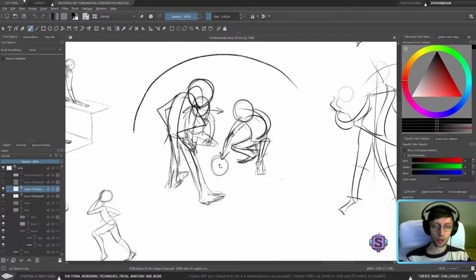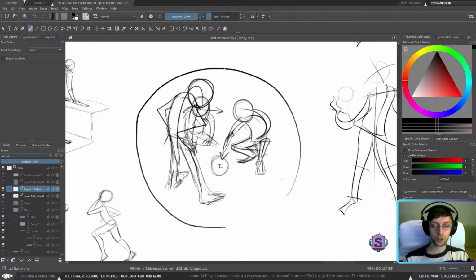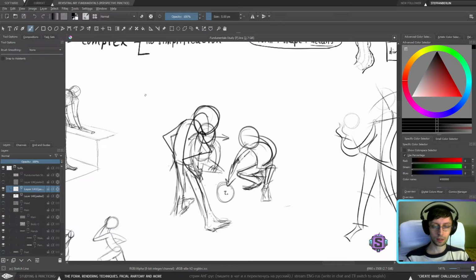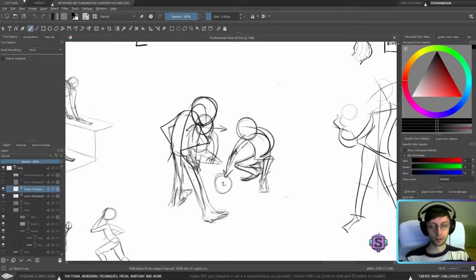So for instance, yesterday and Saturday, we drew this as an idea. These are children playing with a pigeon, and this was the whole idea, and we both tried to visualize it on separate parts of canvases.